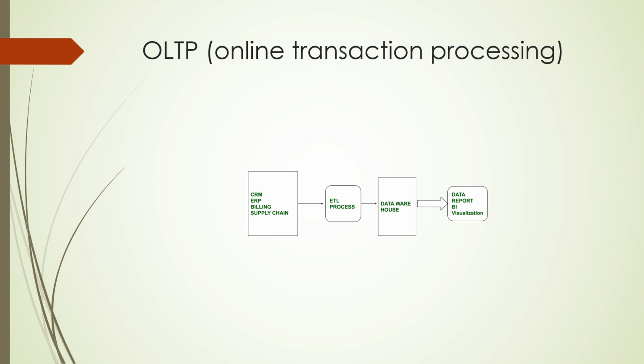A relational database management system is often used to manage this OLTP. So relational databases are a good option here. It requires a database that can handle a large number of queries and updates while supporting fast response time.